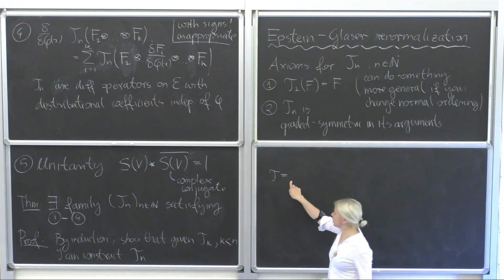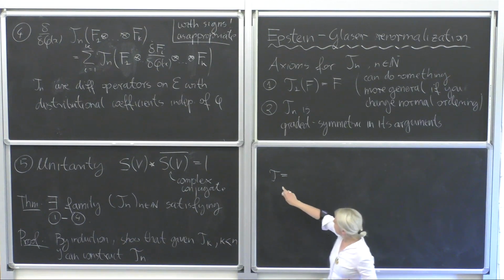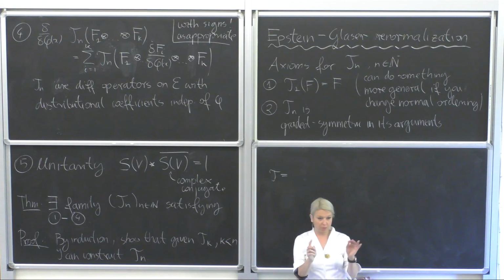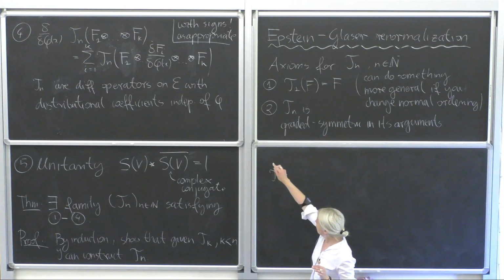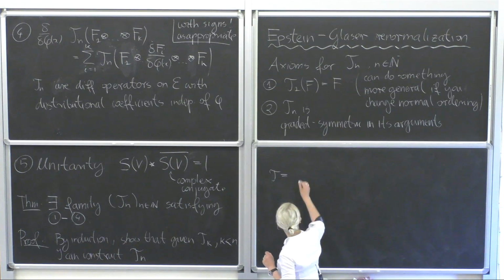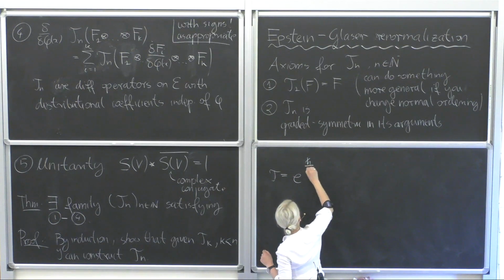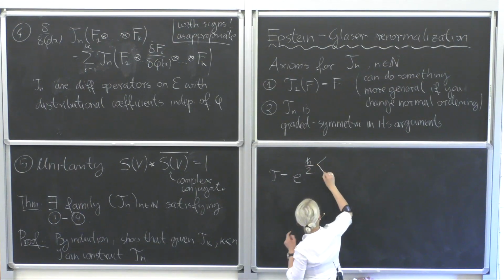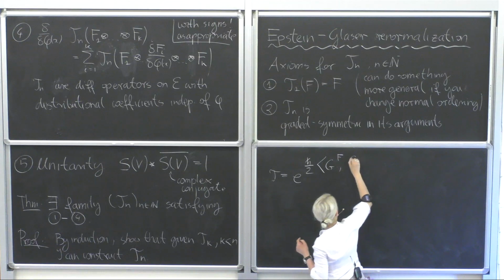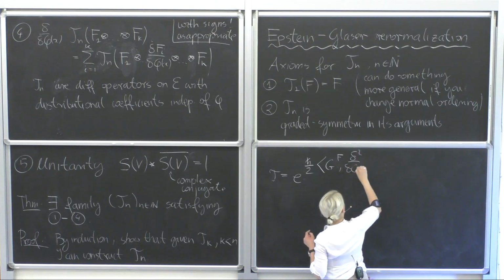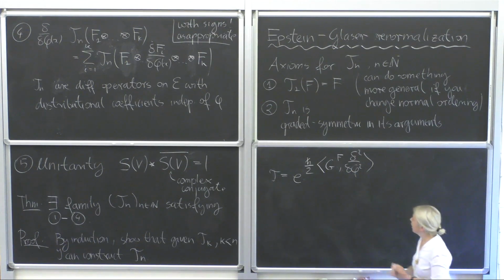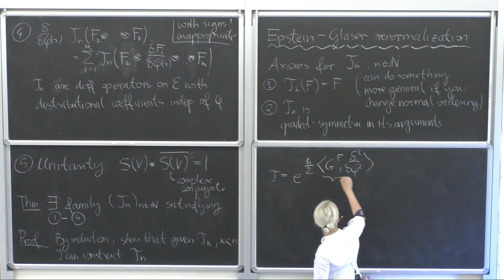So last lecture, I told you that there is this time ordering operator that allows us to write T in a nice way. And this was h bar half Feynman propagator d squared over d phi squared. Okay. I want to write it in pictures. So here is a picture.